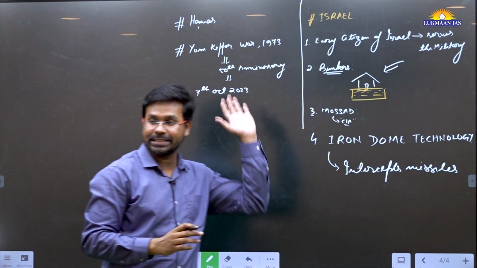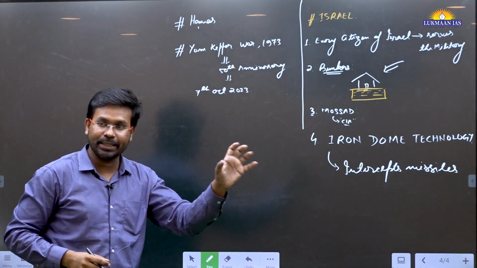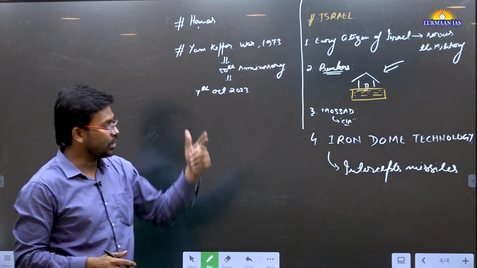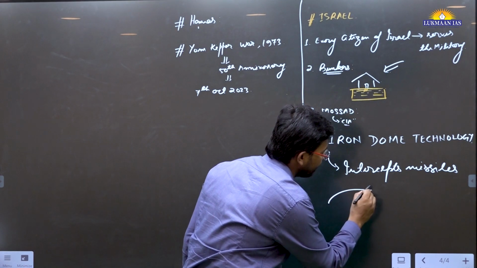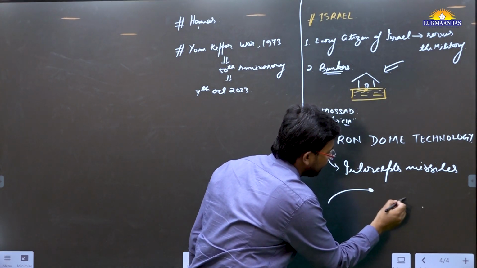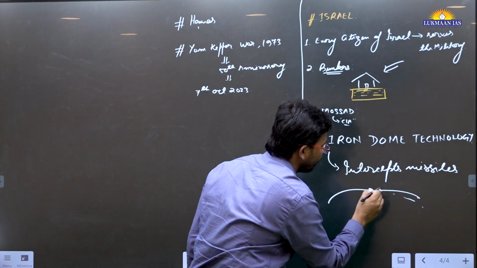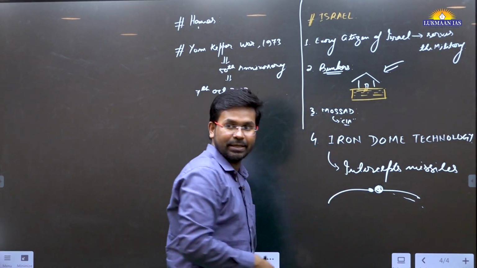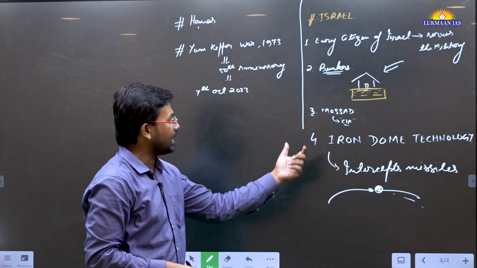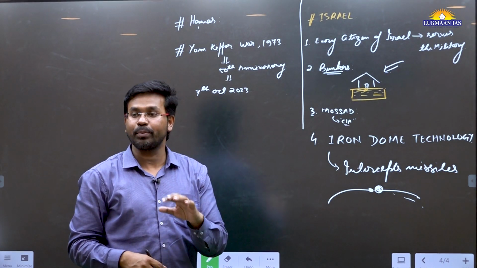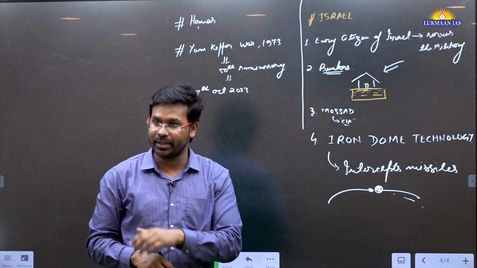If a missile is coming, it will detect the missile and neutralize it on the way. It will be neutralized by some other missile, so that it is destroyed in the air itself. Using this Iron Dome technology, they are able to destroy up to 20 missiles per minute.